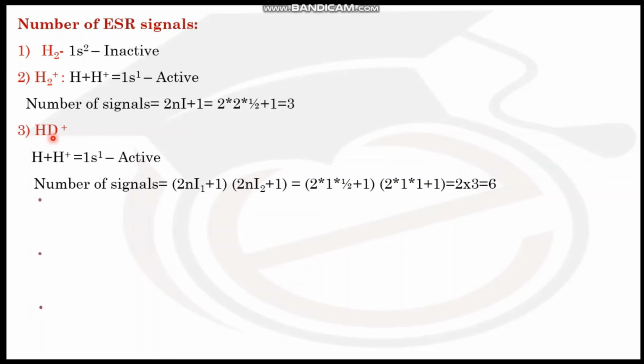Both have different nuclear spin. H has 1/2 and D has nuclear spin 1. The number of signals will be (2nI1 plus 1)(2nI2 plus 1). Then 2 into 1 into 1/2 plus 1, 2 into 1 into 1 plus 1, that is equal to 2 into 3, 6 signals we are getting.